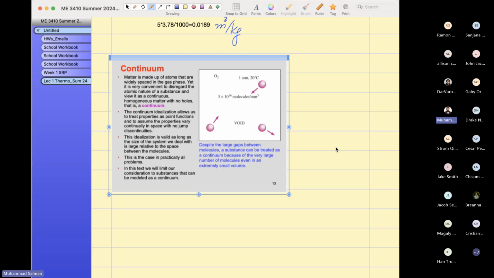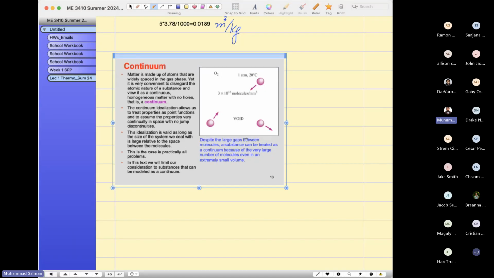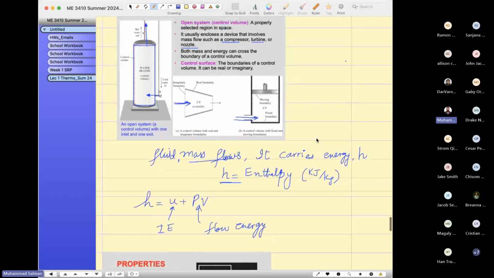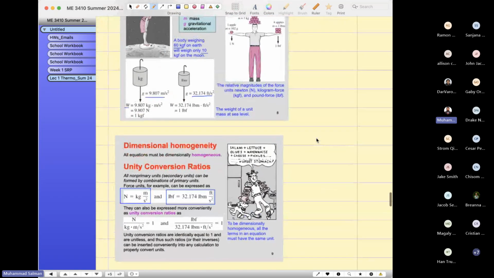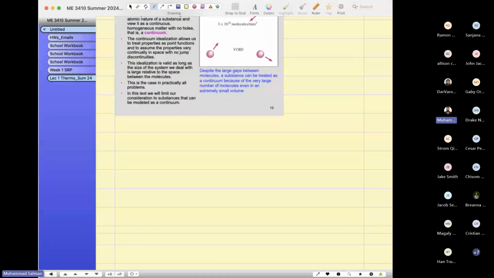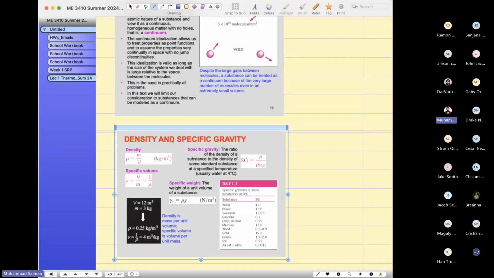So continuum means that there are no dips and ditches. You just consider it as a uniform gaseous matter, and in our cases everything is macroscopic. Macroscopic means continuum based. There are no atomic level changes. We are not studying at nanoscale or microscale.